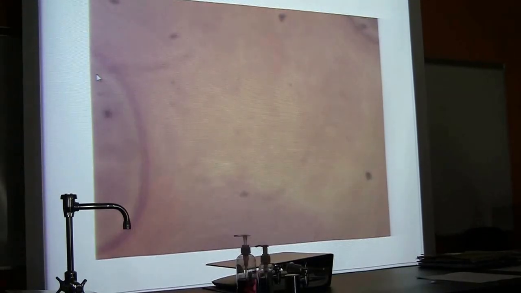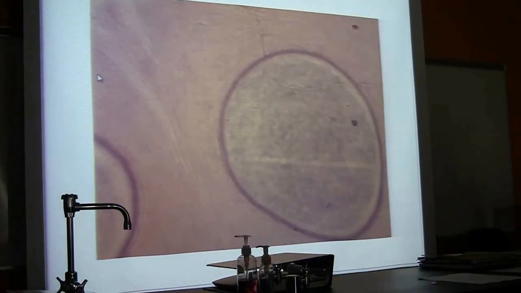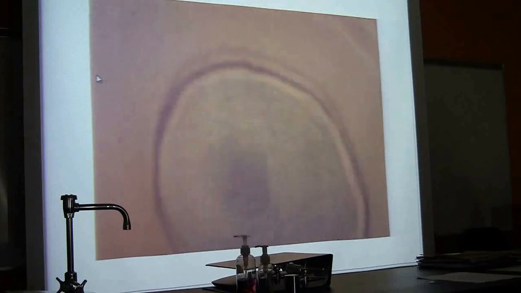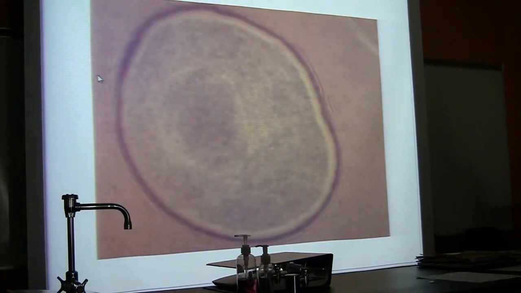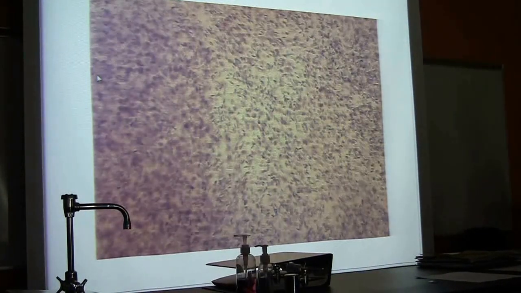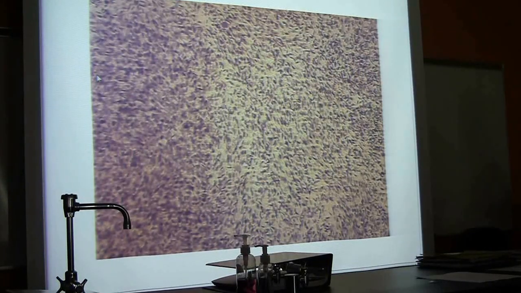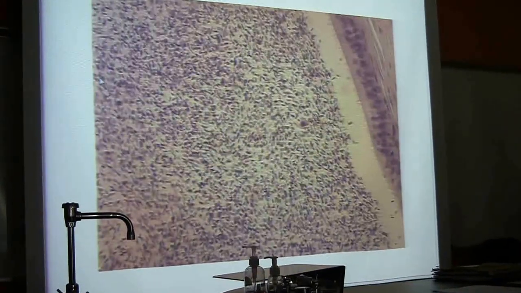Sperm again are in the lumen of these tubes. See them here. This big mass of cells here, this is the sperm by the millions.